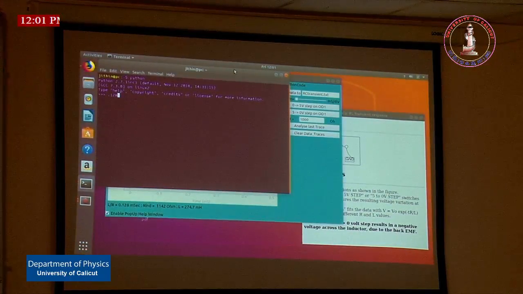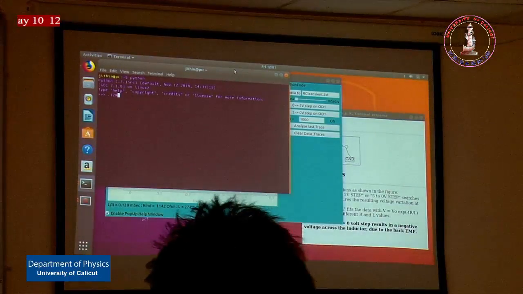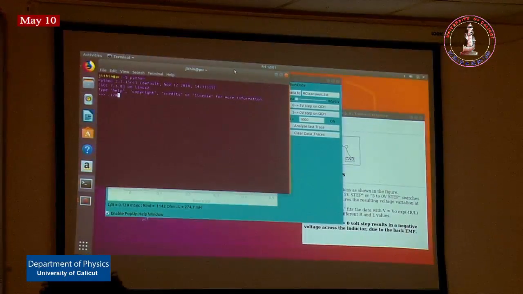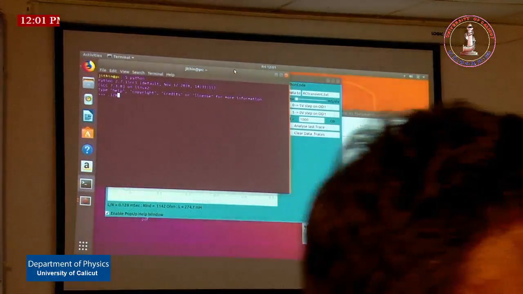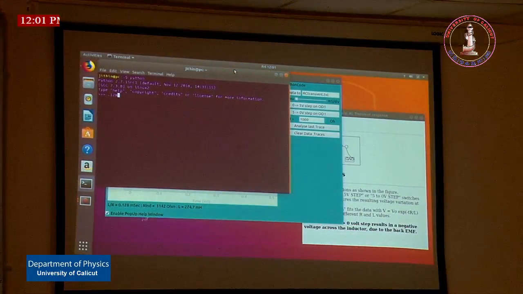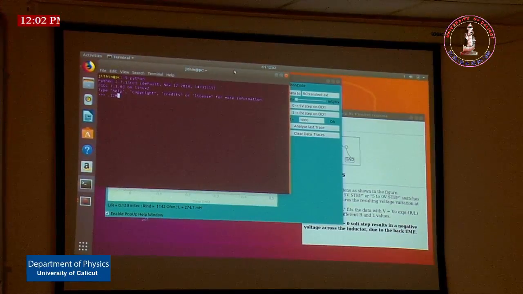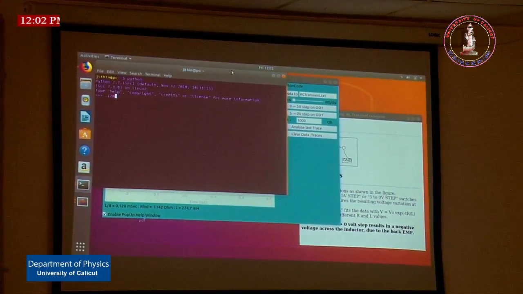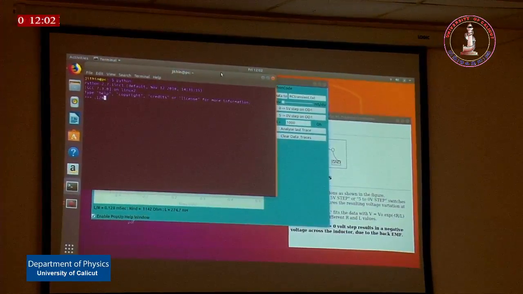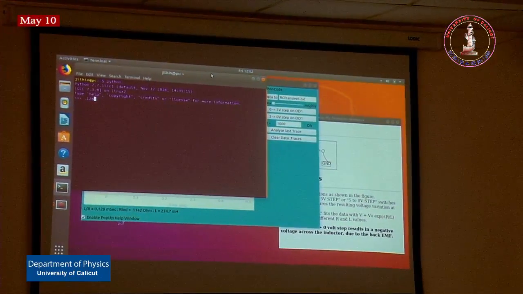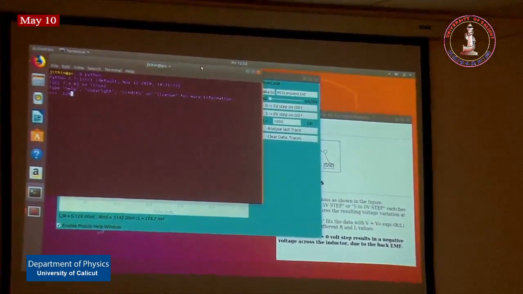You know why? R is not 1K. What is the circuit total R? Around 500 something, that is there, right? That is showing here as the coil's resistance. You have to add that. R is not 1K, R is 1K plus the resistance of the coil. Then you find out what it is.